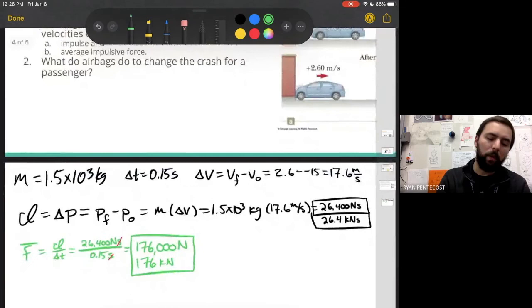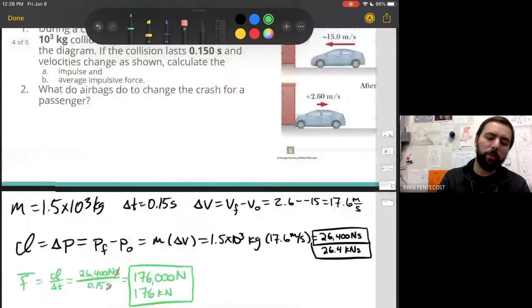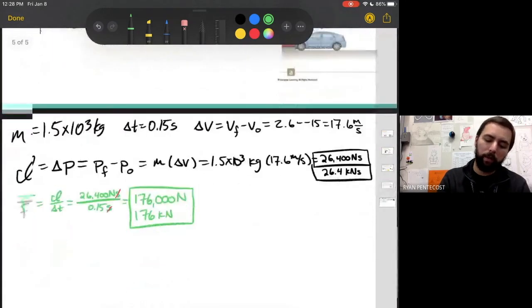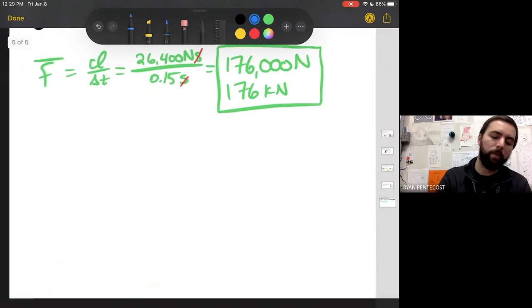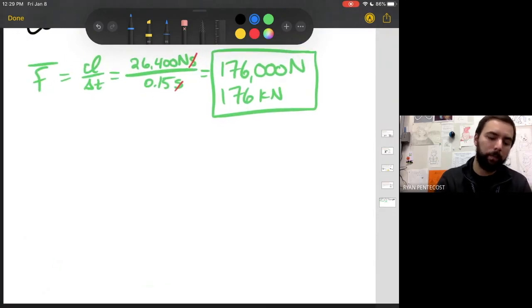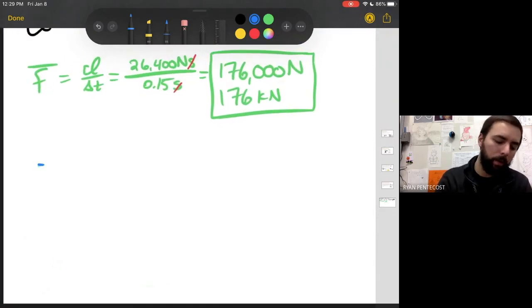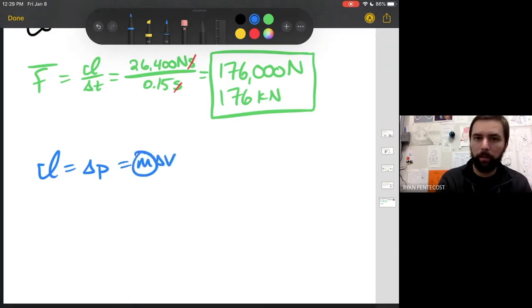Now, what do airbags do to change the crash for a passenger? We said that this is a high force, right? When we're looking at impulse as delta P in a car crash, you can't change delta P. You can't change the mass of the car, obviously, and we also can't change the delta V. You're going to crash.